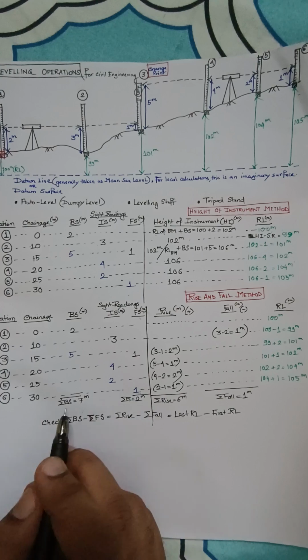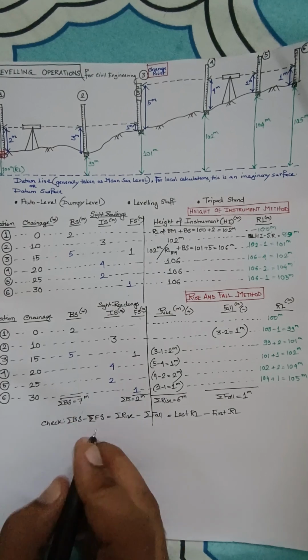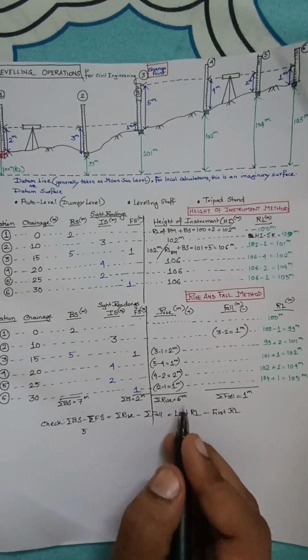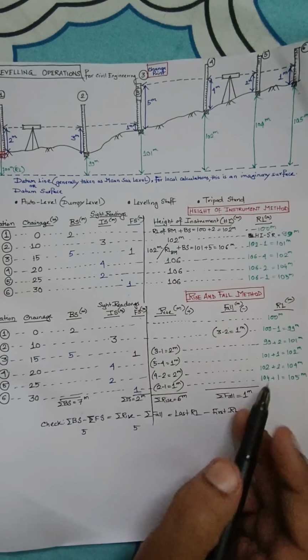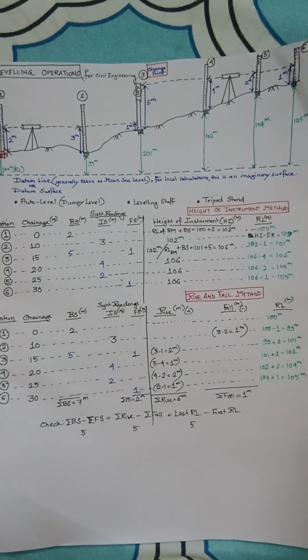How much is summation of backsight minus foresight? 7 minus 2 is 5. How much is summation of rise minus summation of fall? 6 minus 1, again it is 5. And how much is last RL minus first RL? 105 minus 100, again it is 5. If these three values are matching, you have successfully completed solving this.